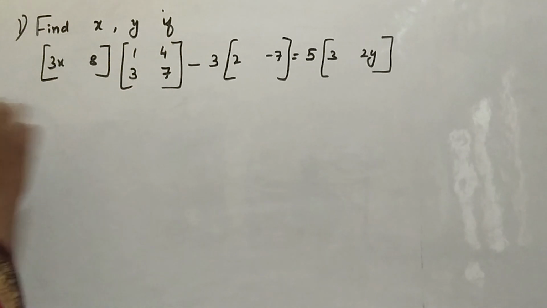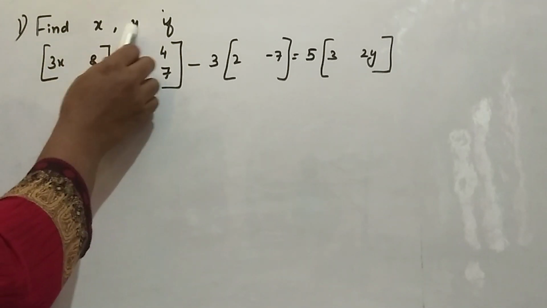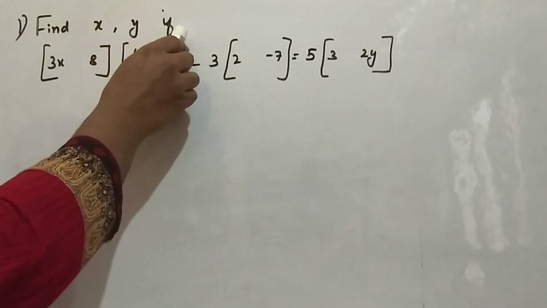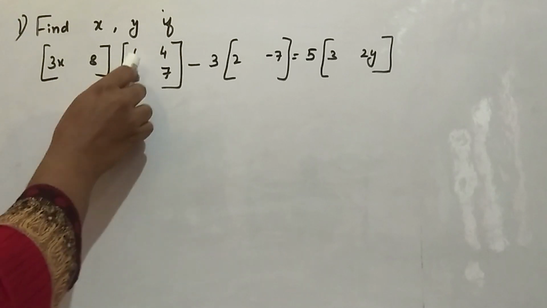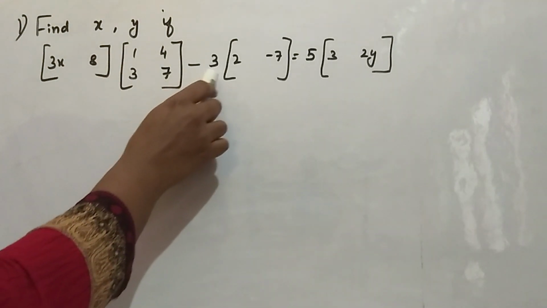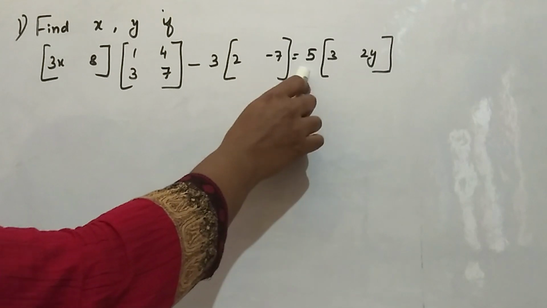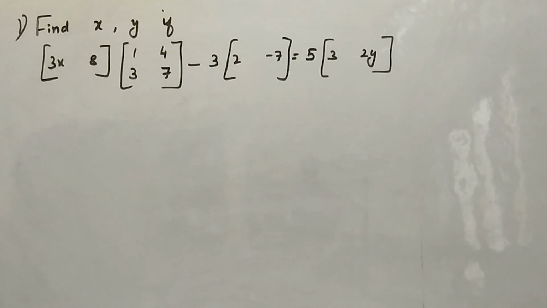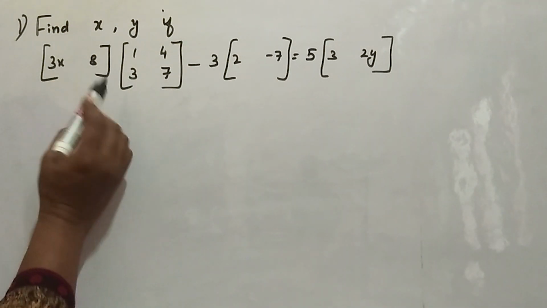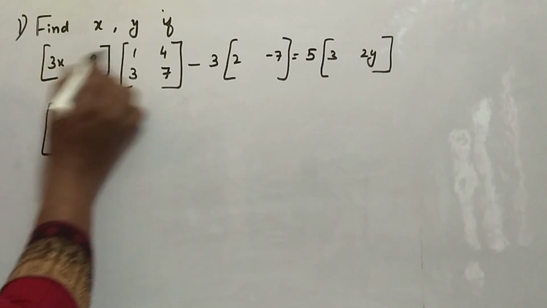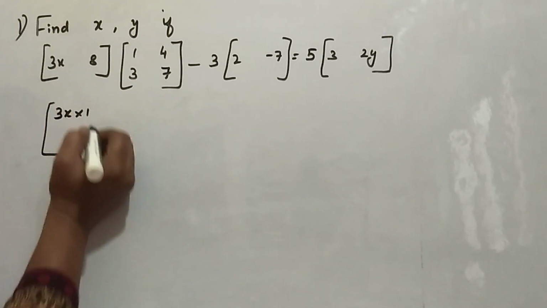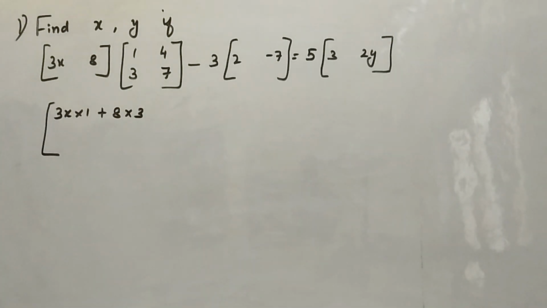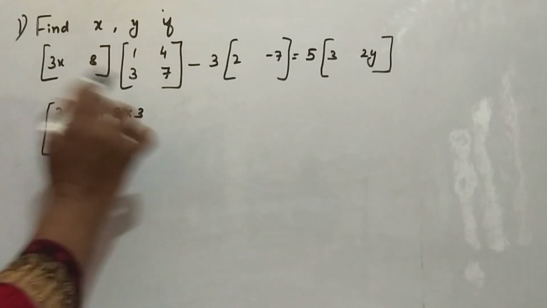Okay. First question. Find the values of x and y if matrix [3x 8] times matrix [1 4; 3 7] minus 3 times matrix [2 -7] is equal to 5 times matrix [3 2y]. So first we have to multiply these two. Multiply 3x into 1 plus 8 into 3, for the first row, first column.